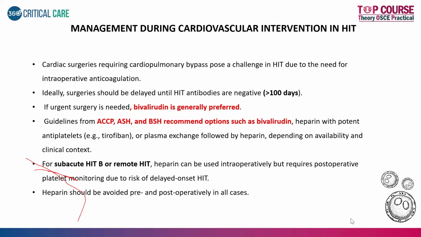Usually after 100 days, if everything is okay, nothing should happen. But if an emergency arises, then we need to look at the case and go ahead case by case. If it is happening in less than 100 days, where the probability of development is very high, the alternative is bivalirudin.